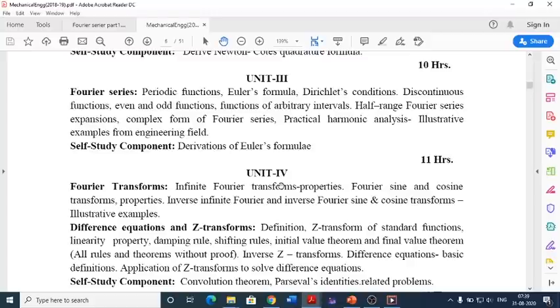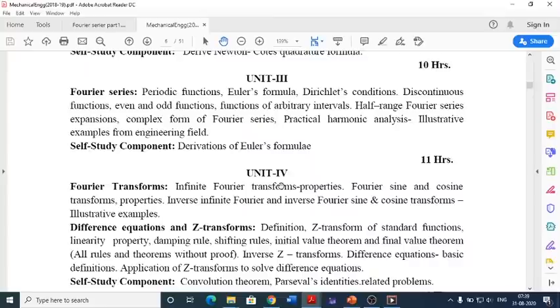Next, unit 4. Here we will discuss Fourier transforms and Z transforms. We have already studied Laplace transform. I hope you people have not studied it due to COVID-19 because it was scheduled after the first internals. So these concepts are almost similar to Laplace transforms.